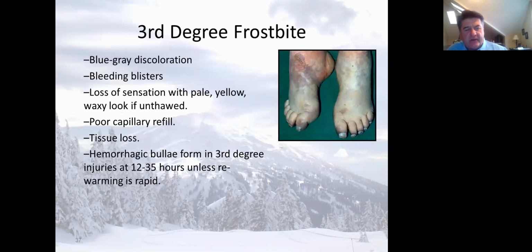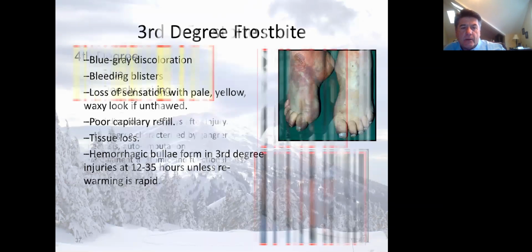They tend to have bad shoes, or they don't keep their feet dry, and then they come in and their feet look like this picture here, and they'll have hemorrhagic bullae, which means they've already kind of frozen and thawed already. So I usually wind up admitting those types of people.